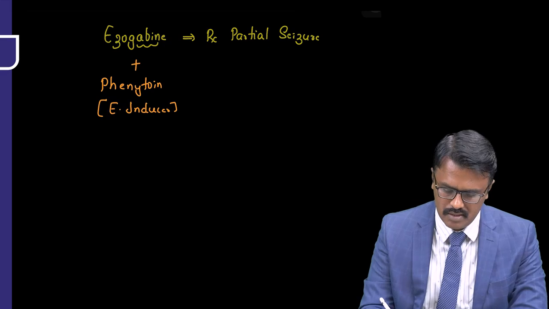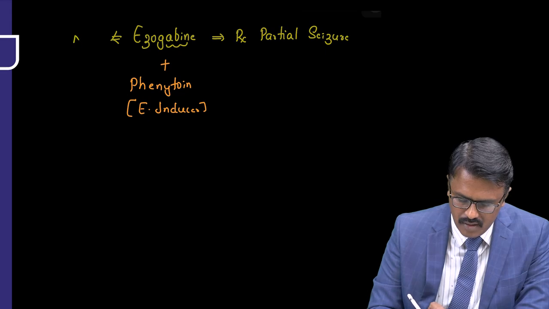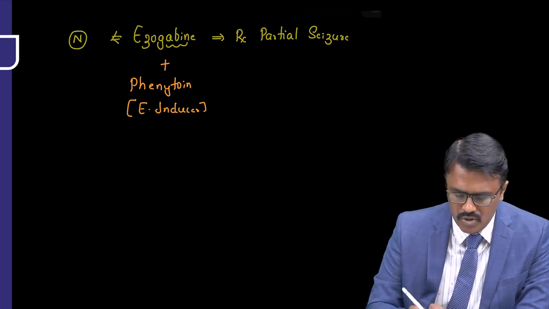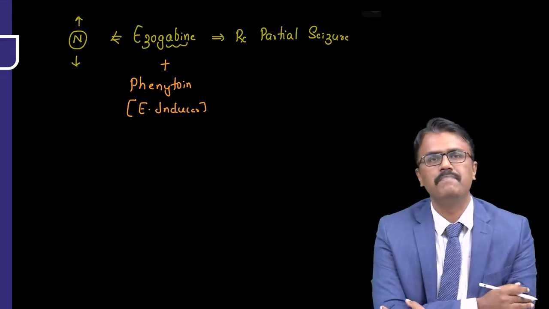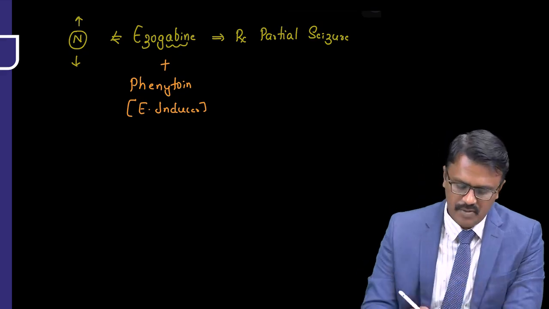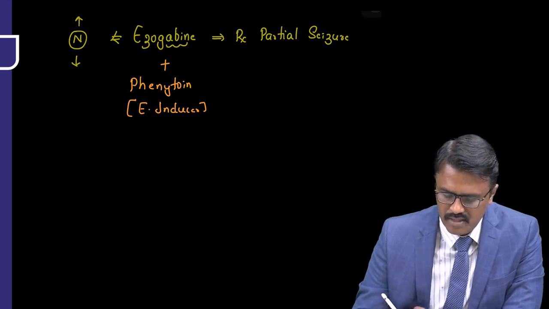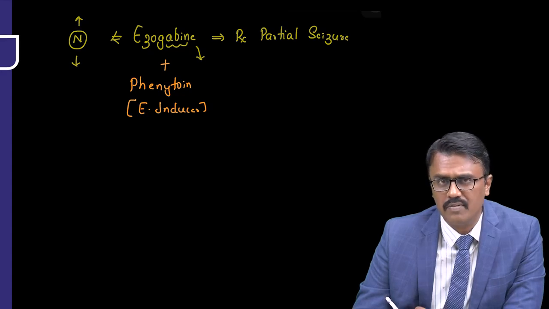Now, the question is, when he is adding phenytoin, should he give the normal dose of ezogabine? Should he increase the dose or decrease the dose? Pause the video and try to answer this. Now, what happens if I give the normal dose? It's an enzyme inducer, and the enzyme inducer will metabolize it faster.